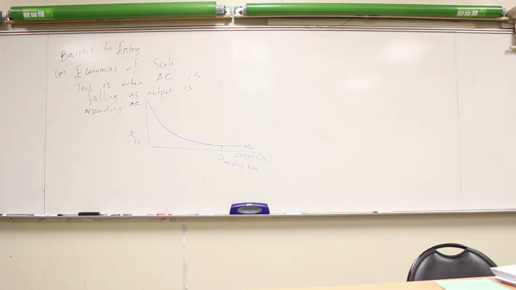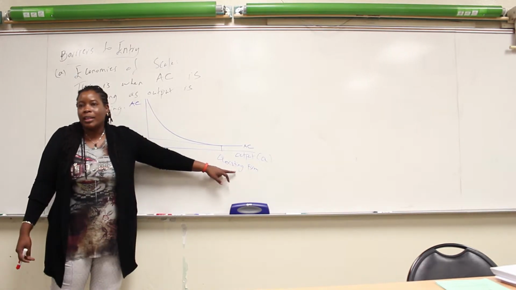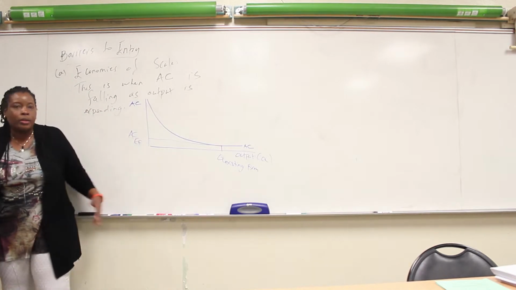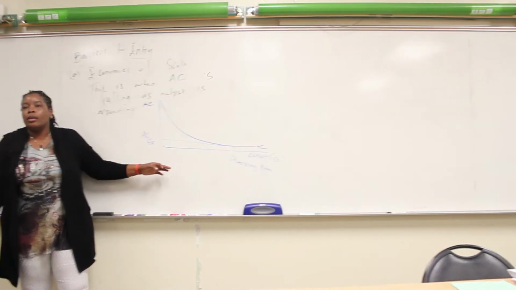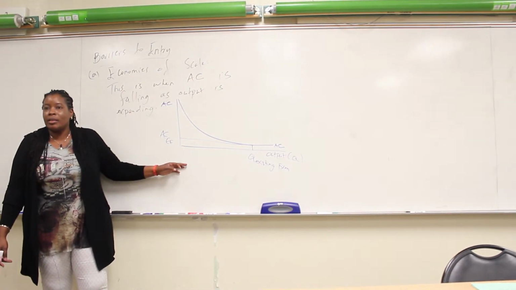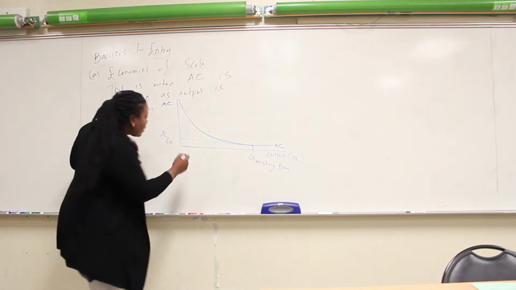Now if you are a new firm, chances are you're not going to start off ramping up on a quantity that's close to what the existing firm is doing. You're new, you just entered. Chances are your quantity is going to be lower than this amount, in most cases significantly lower. So you probably start somewhere here.